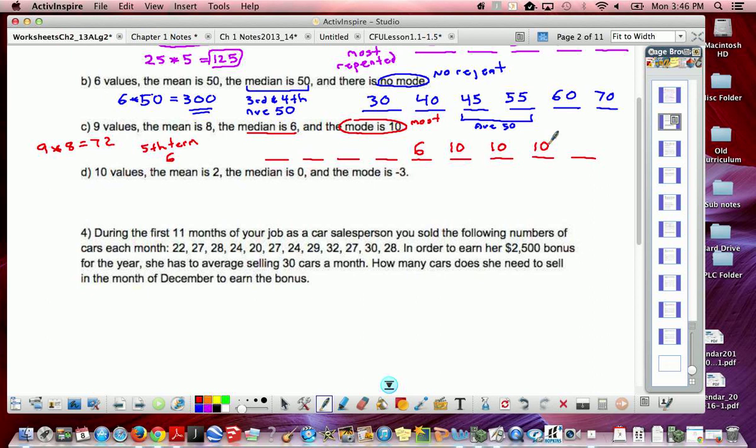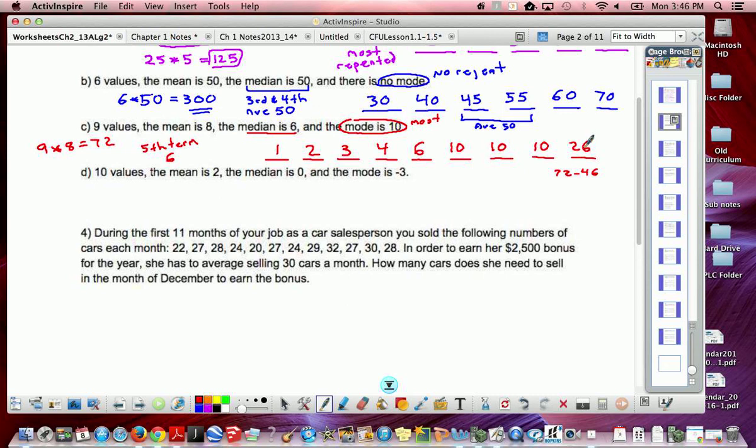So I have 4 in there, but they add up to 36. I needed to add up to 72, and I only have 4 left here. So I might just do this, 1, 2, 3, 4. That's another 10, so I'm at 46. So I need to get to 72. So to get this last data point here, I go 72 minus my 46, and that gives me 26 for my last data point, and I'm good to go.